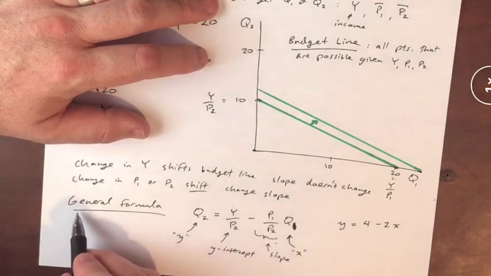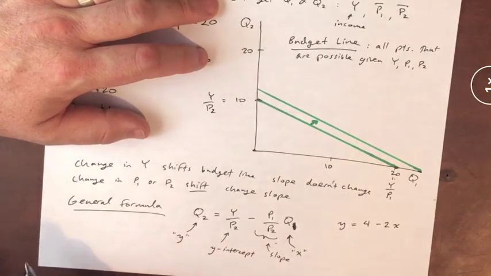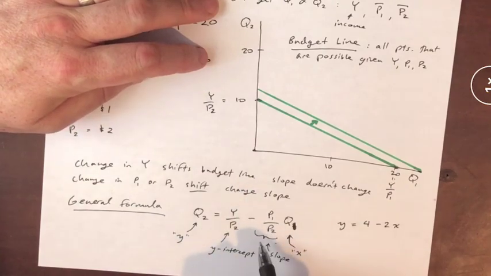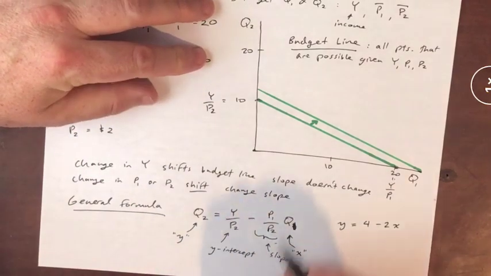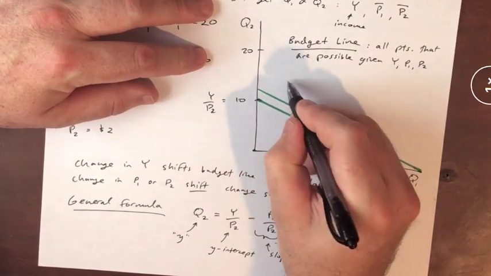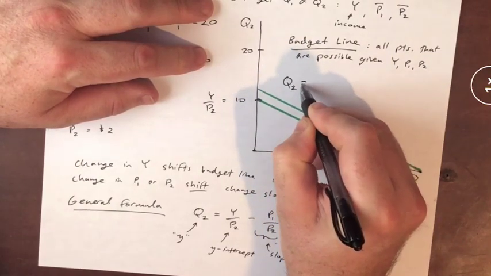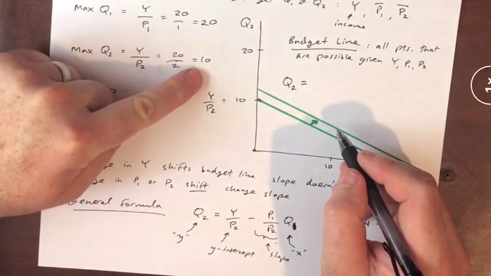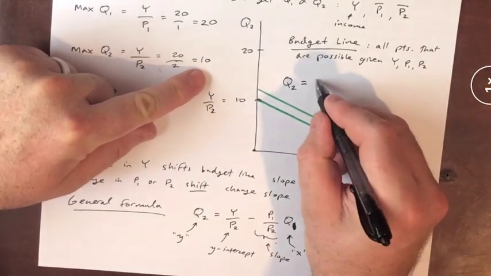So we go from the general formula to the specific formula. We plug in our terms. In this case, the formula for the budget line is Q2, where we got our maximum y over P2. We already figured out what that is: 10.